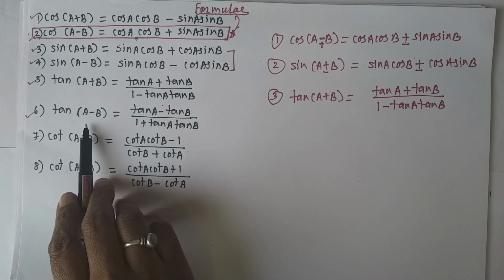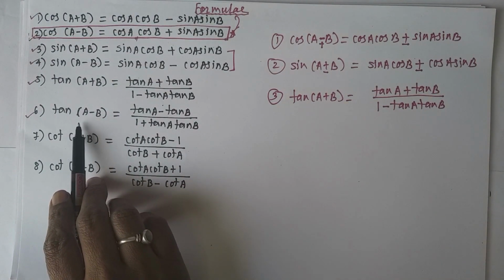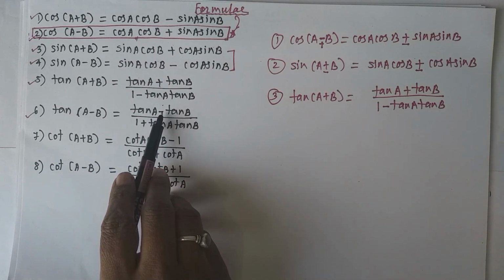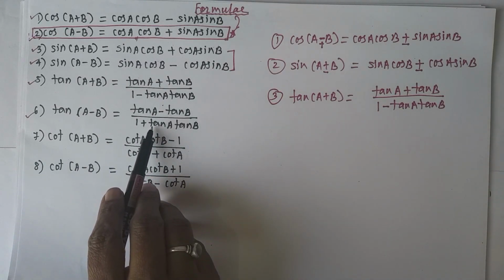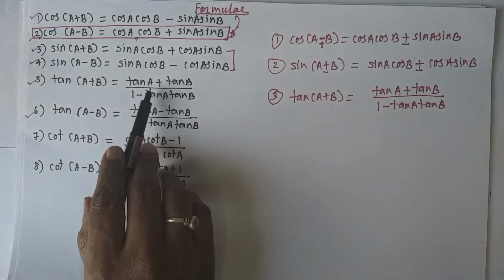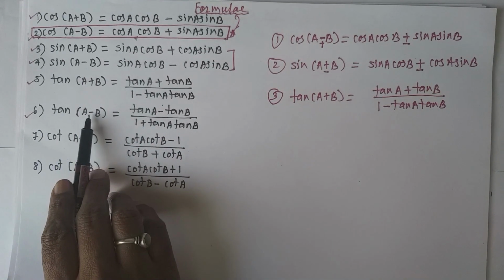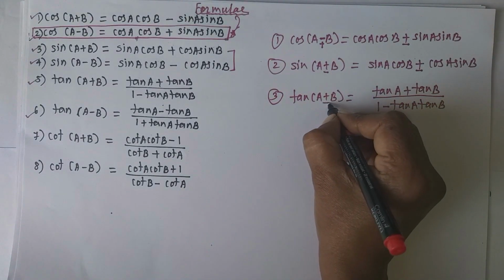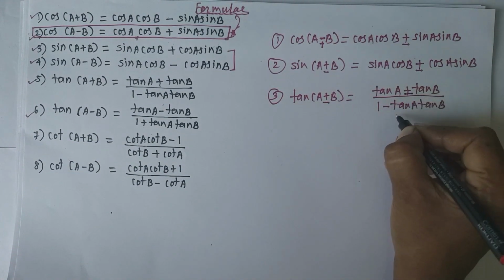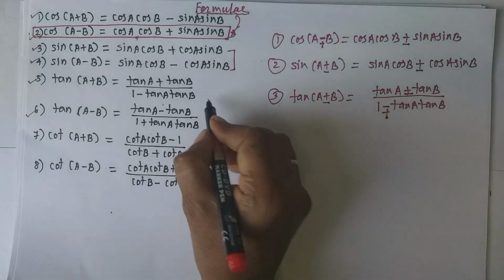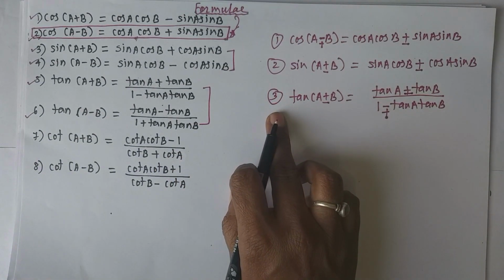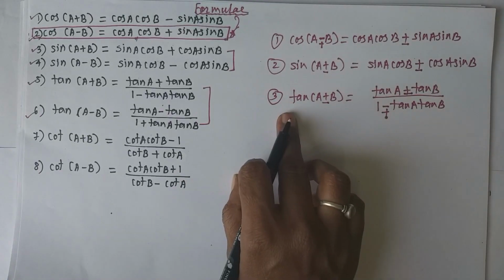And for minus, if the left hand side is minus, then in the numerator is minus and the denominator is plus. Means this formula can be written with minus in the numerator and plus in the denominator. I have combined these two formulae into one formula.